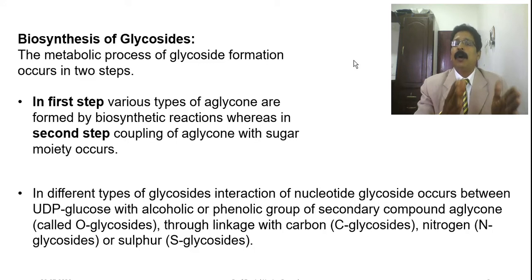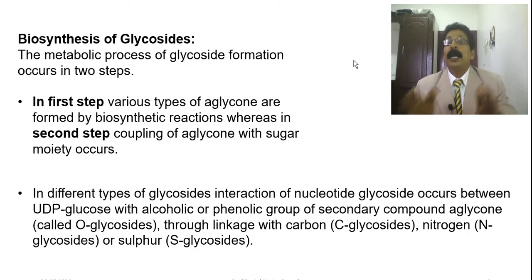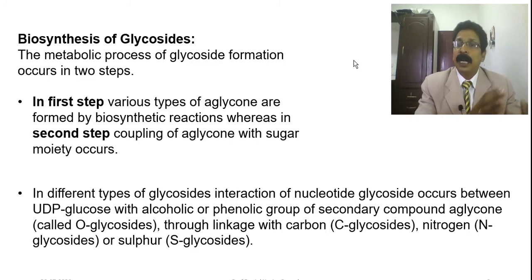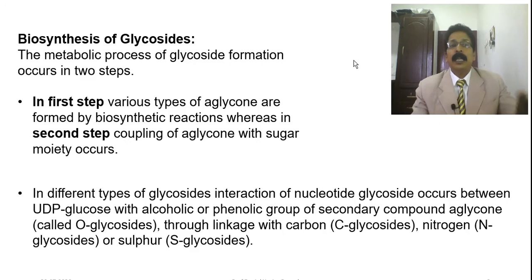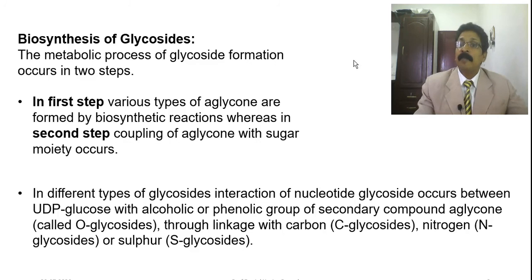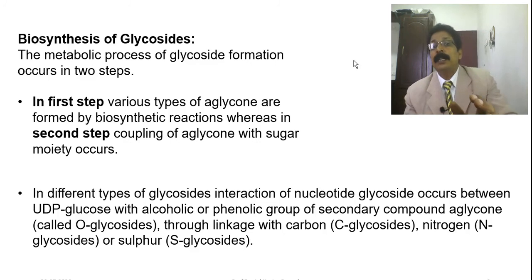A glycoside will always have two parts, an aglycone part and a glycone part. The aglycone part may have an aromatic ring structure, maybe a complex ring structure, alcoholic or aldehydic or maybe phenolic. These types of structures will be there, and they will be linked with a sugar molecule, that is the glycone part.